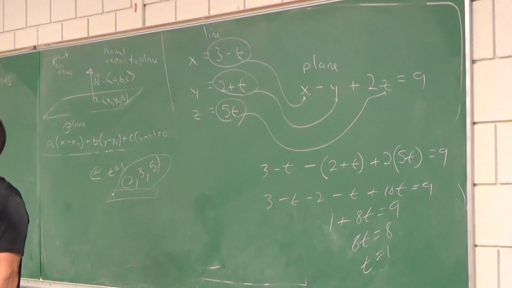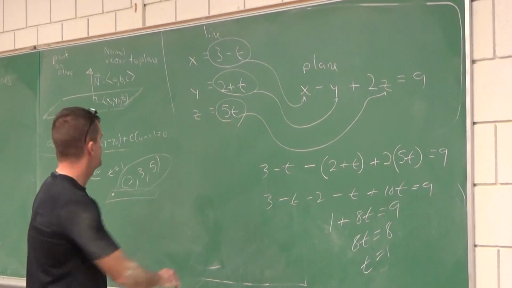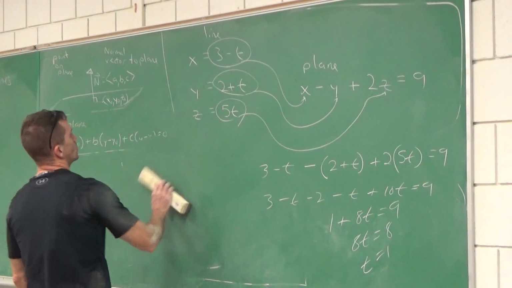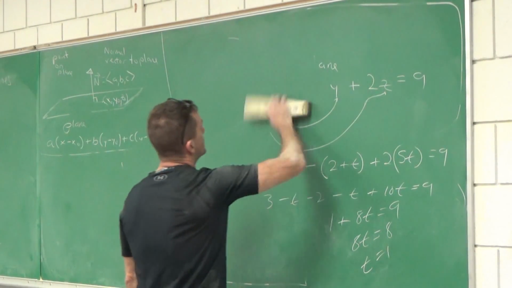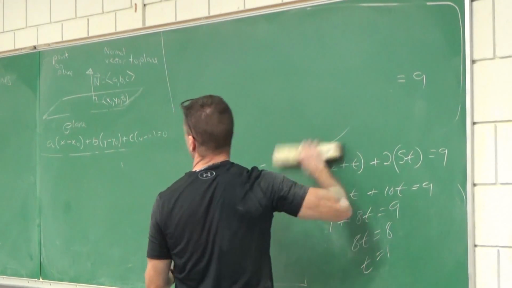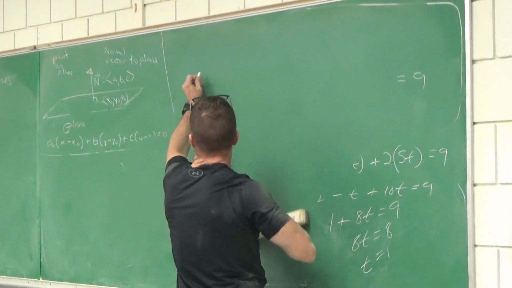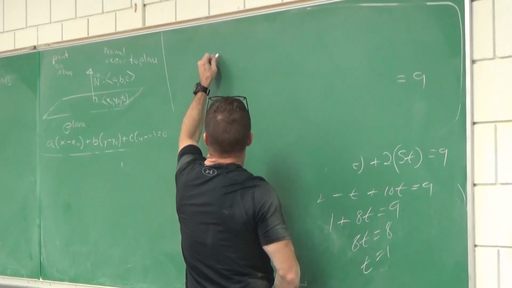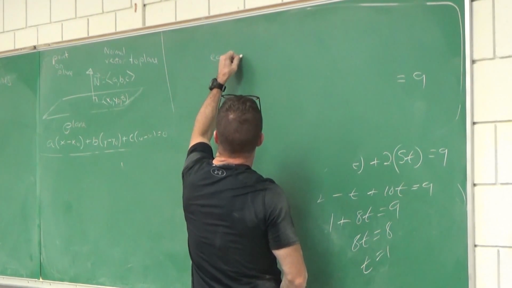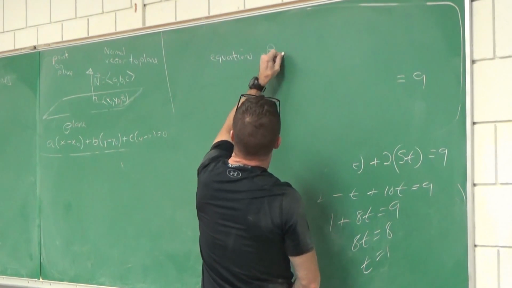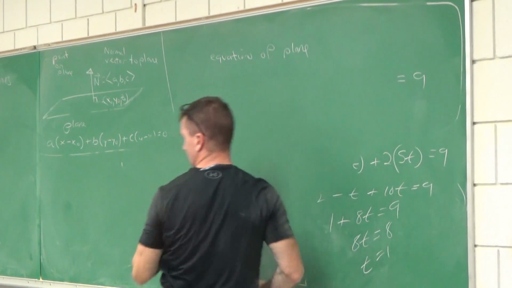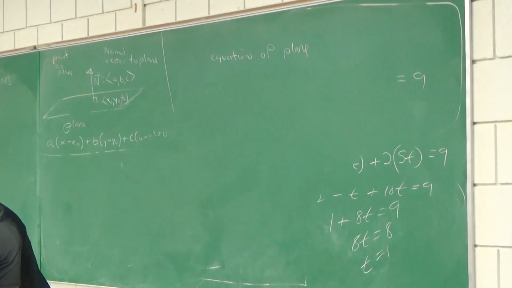Hey, a couple more things before we go on to 12.6, which is really cool with the other surfaces. If I give you two equations of planes, how can we tell whether or not they're parallel to each other? Someone? These are two equations of a plane. How can we tell whether these planes are parallel or perpendicular or neither?